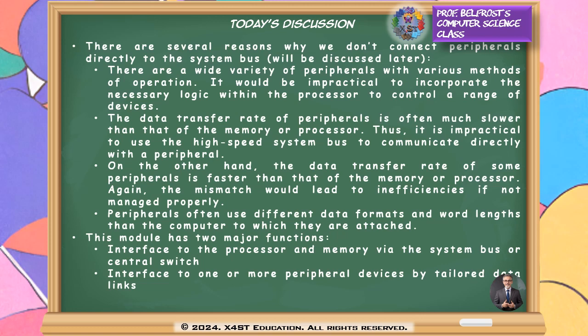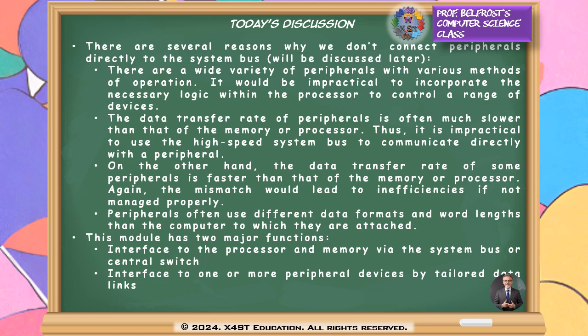There are several reasons why we don't connect peripherals directly to the system bus. The first one is that there is a wide variety of peripherals with various methods of operation, and it would be impractical to incorporate the necessary logic within the processor to control a range of devices. The second one is that the data transfer rate of peripherals is often much lower than that of the memory or processor.